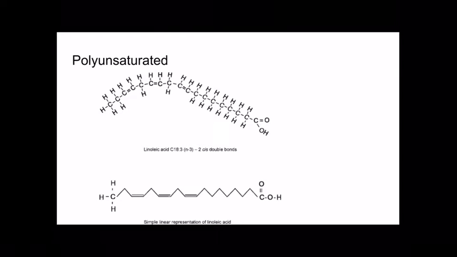Most of our naturally occurring fats are cis fats. Sometimes when we make fats in the lab, we put the right number of carbons and hydrogens together, but we can't necessarily control whether they come together as a cis molecule or a trans molecule. So trans fats are mirror images of cis fats, and cis fats are mirror images of trans fats.